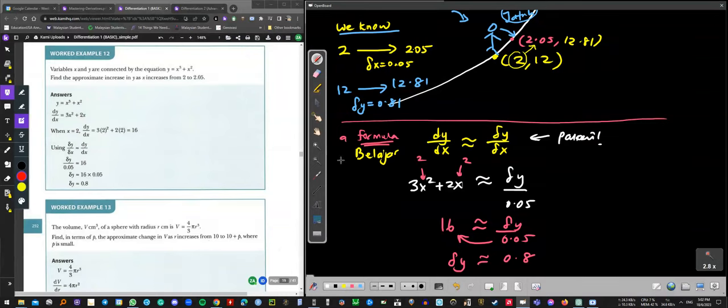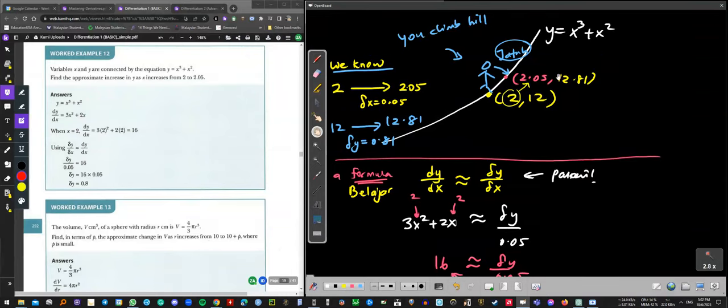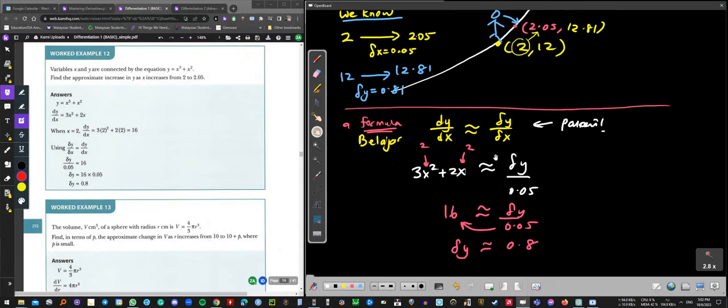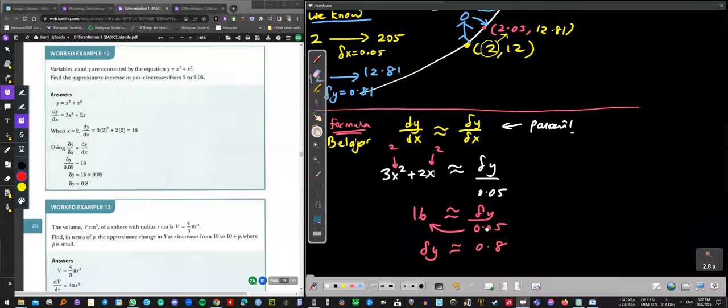So you pun perasan masa kita guna power function tadi, kita guna curve function yang dekat warna putih tu, memang kalau you tambah sebanyak 0.05, dia akan jadi 12.81. So cara pakai formula dia adalah sedemikian dekat bawah ni. So you pakai formula tu, bila you pakai formula tu, you dapat delta y, you boleh teka lah berapa banyak nak jadi.